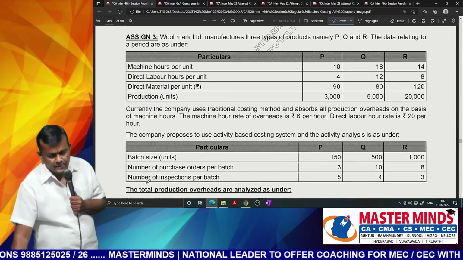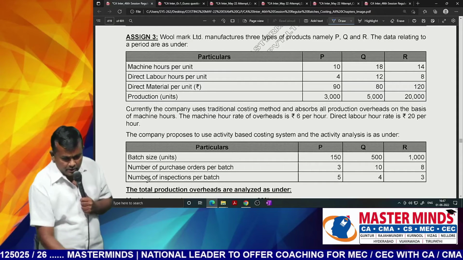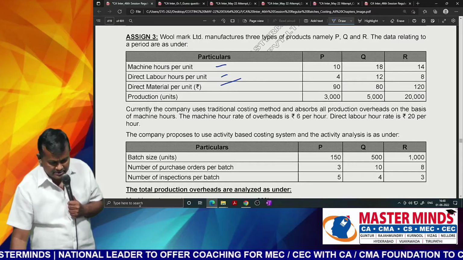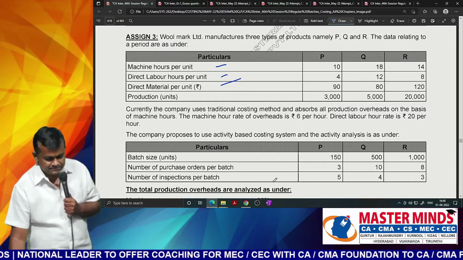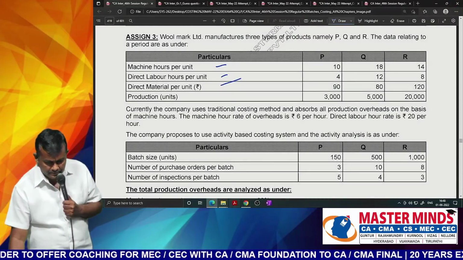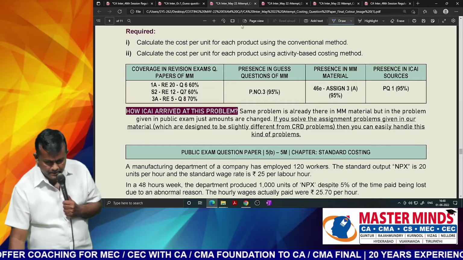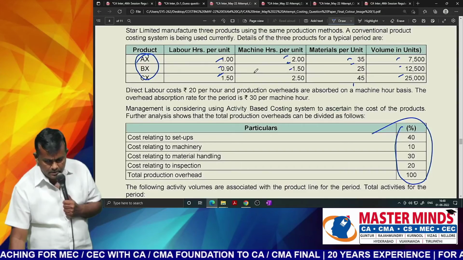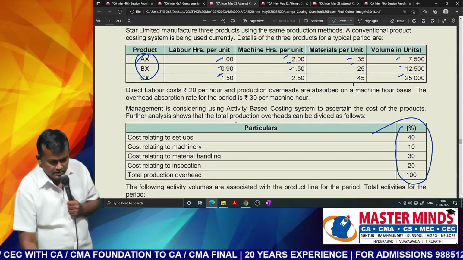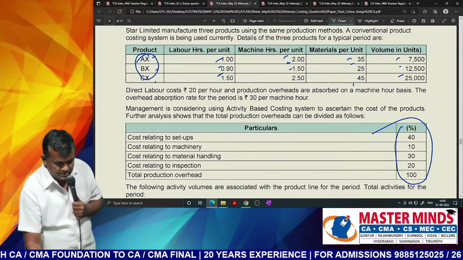Yes, this one. Here the information is provided row wise, but in the examination it is column wise. First, product names AX, BX, CX.